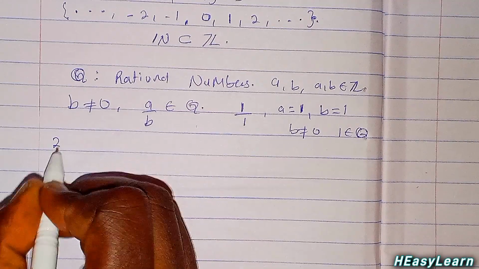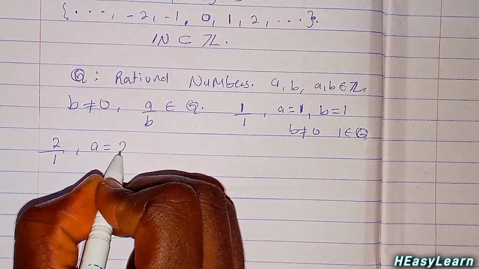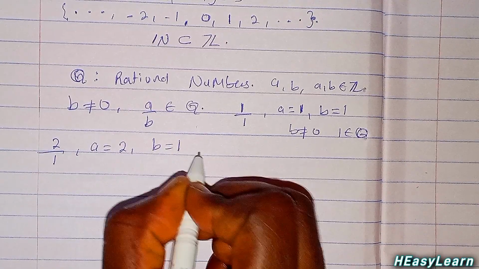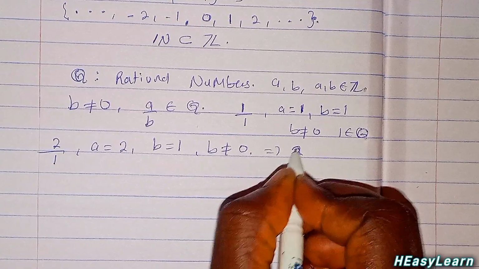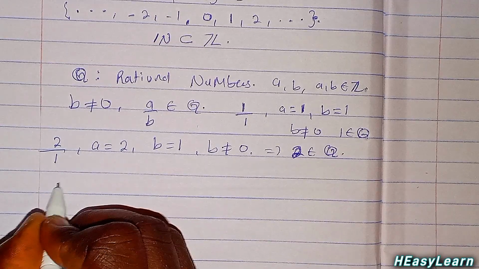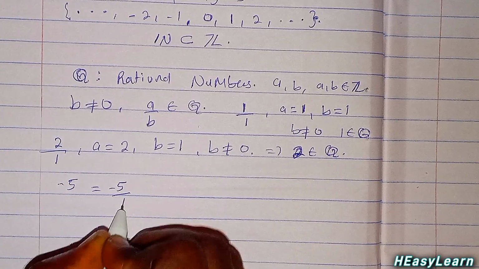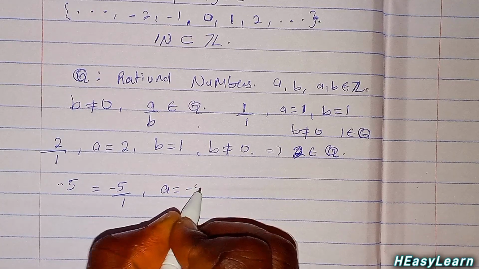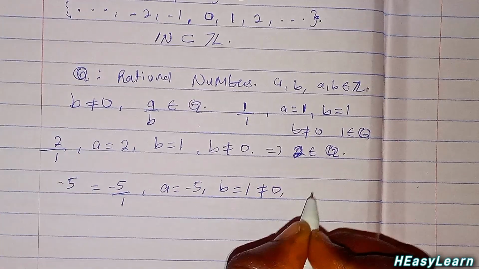When 2 is given, 2 can also be written as 2/1, for which a equals 2, b equals 1, b is not equal to 0. This implies that 2 belongs to the set of rational numbers. Given -5, -5 is the same thing as -5 divided by 1, for which a equals -5, b equals 1, b is not equal to 0.